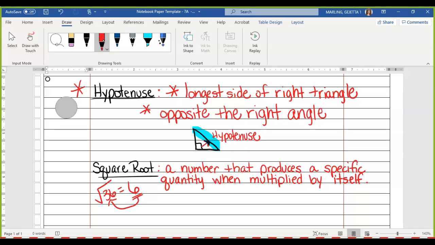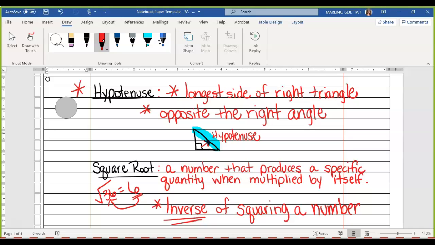But the most important part to remember for the Pythagorean theorem is that the square root is the inverse of squaring a number. Remember when we talked about real numbers, how 6 squared is 36, so the square root of 36 is 6, how they worked backwards and forwards?